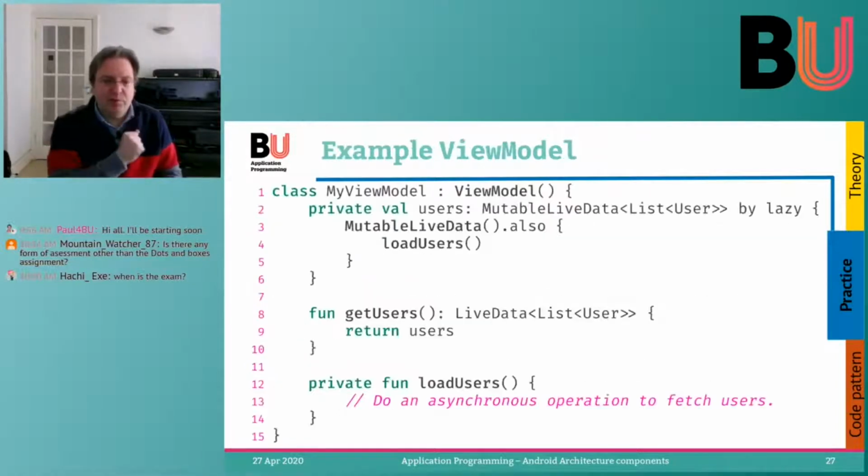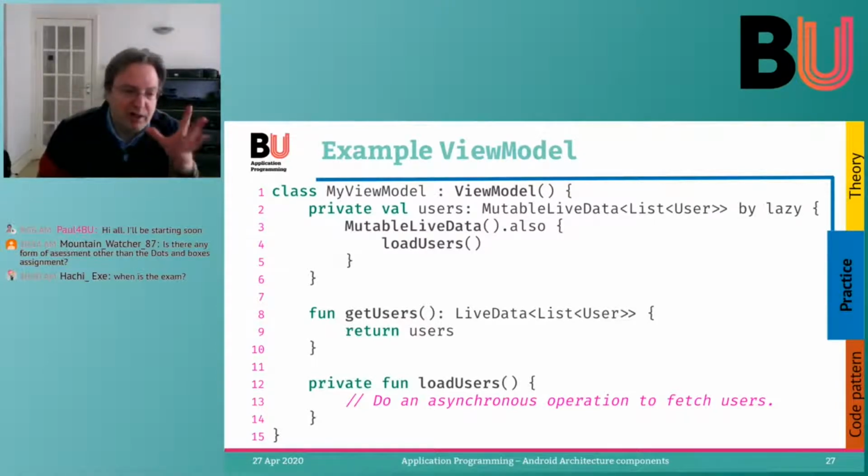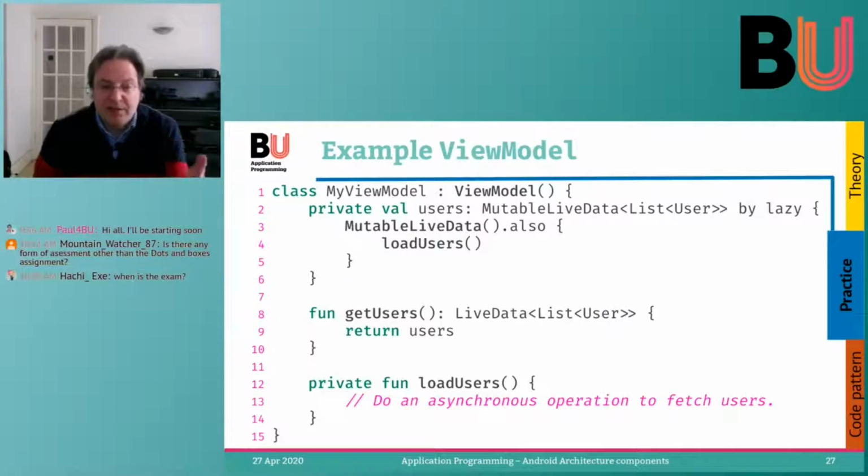So what does a view model look like? It looks like this. We have a class, my view model in this case, that might have a private property users, that has inside there a mutable live data, and that mutable live data is a list of users.